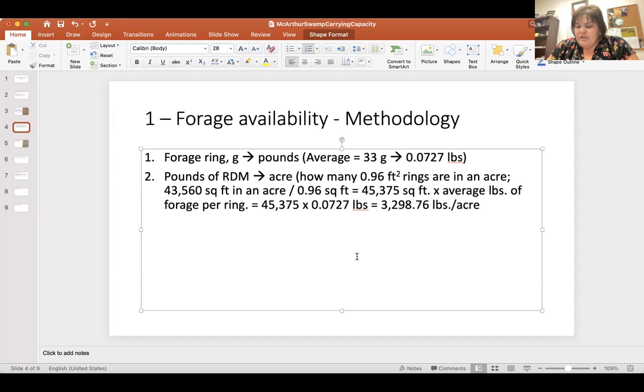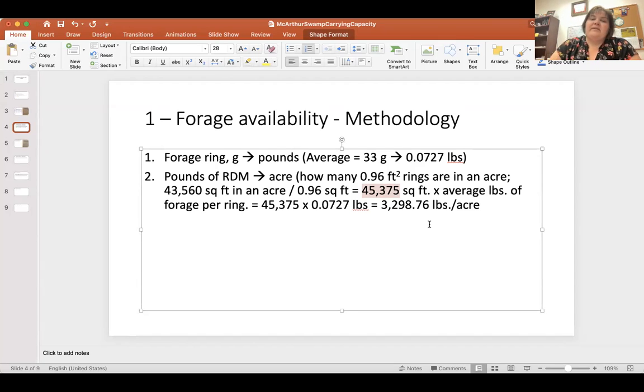And then I did a conversion of 43,560 divided by 0.96, because that's what the ring actually measures. And so that gave us a bigger value, which is what we were looking for, of 45,375 square feet.